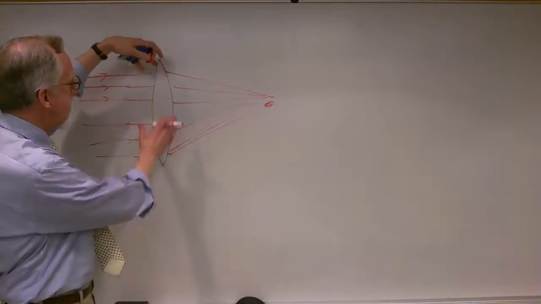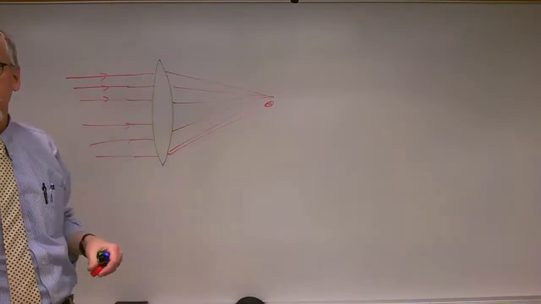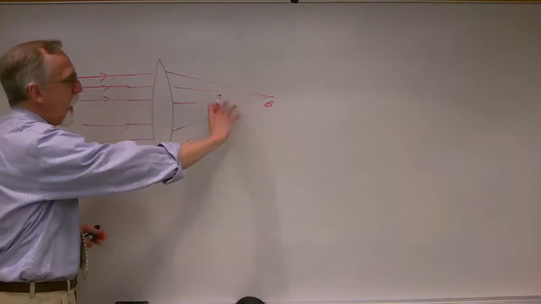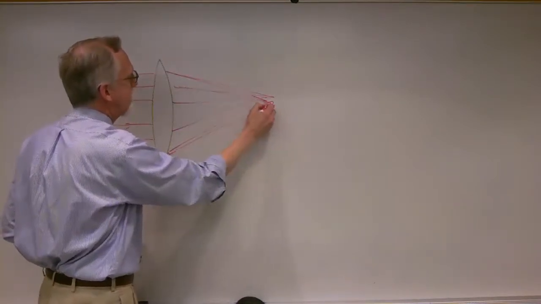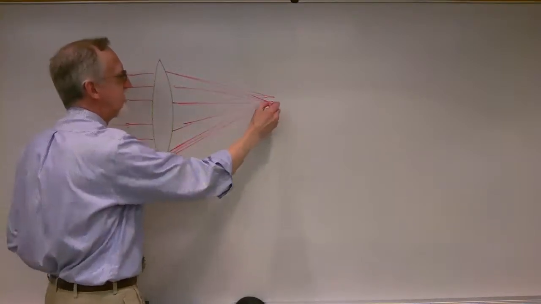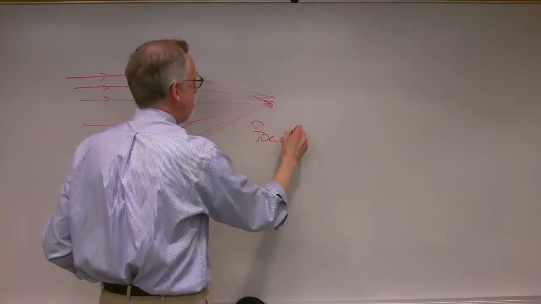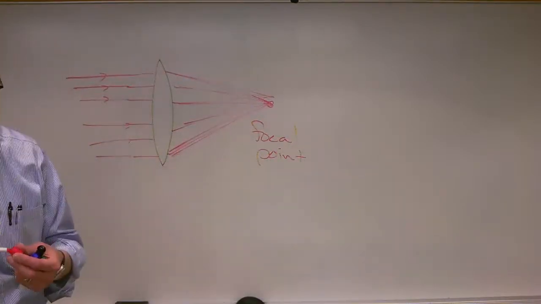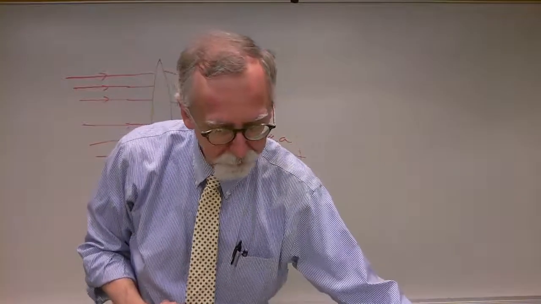We arranged some kind of refracting situation that brings all of these incoming parallel rays to the same point of convergence. This is what we will call the focal point of the lens. Okay, very, very good.